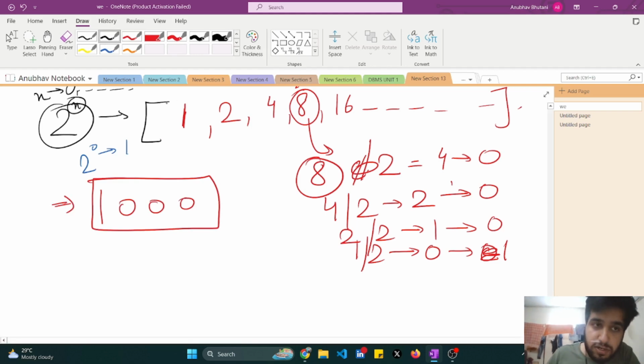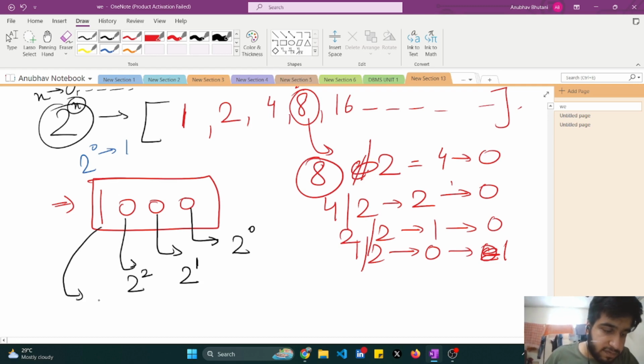Also, I want to tell you that the first digit represents 2 raised to power 0, the second digit represents 2 raised to power 1, the third represents 2 raised to power 2, and the fourth represents 2 raised to power 3.